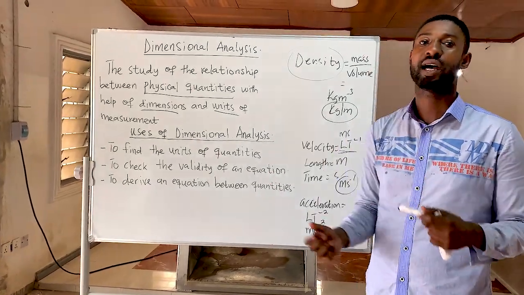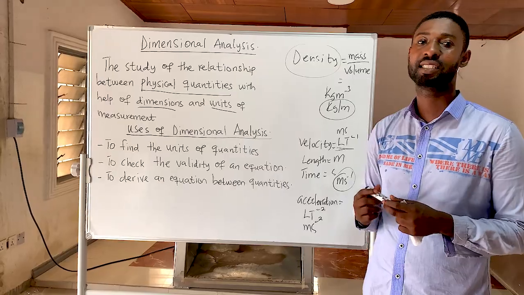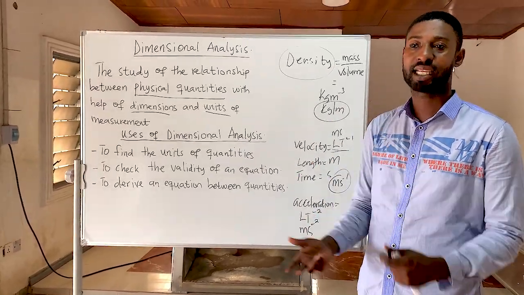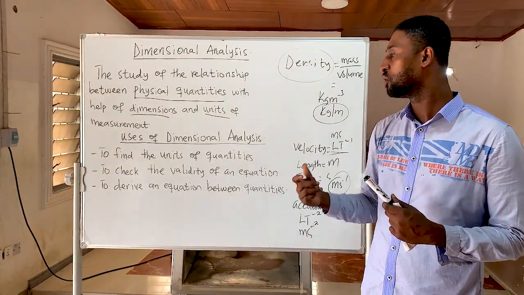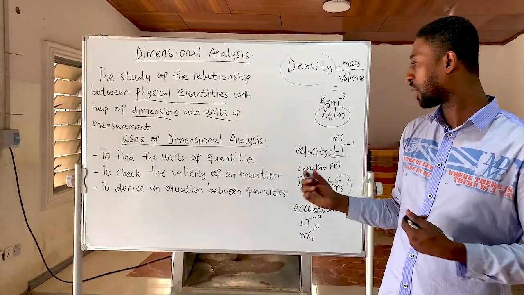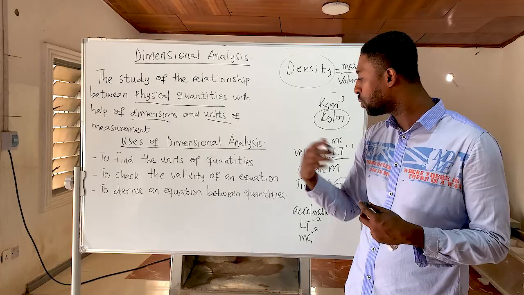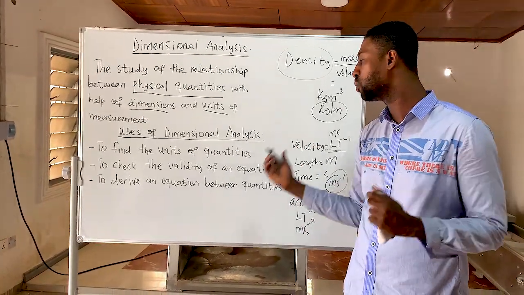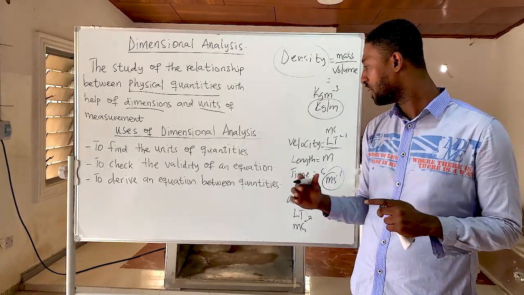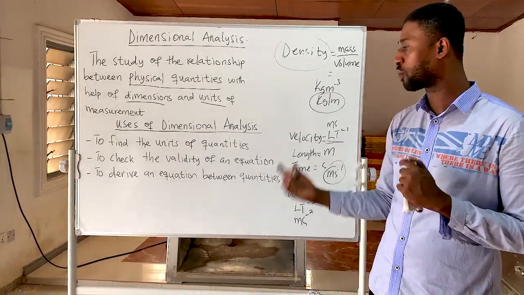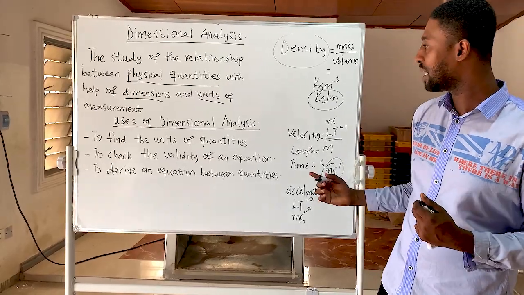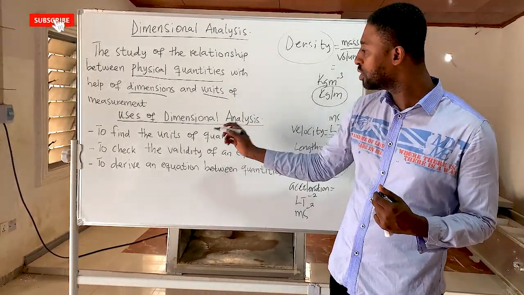So if I have an equation and I want to check whether the equation is valid or not, in other words, whether it is true or false, we can use dimensional analysis. We can also use dimensional analysis to derive an equation between quantities. So let's dive deep into the uses.